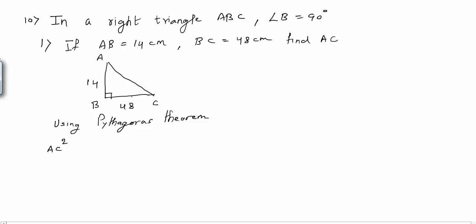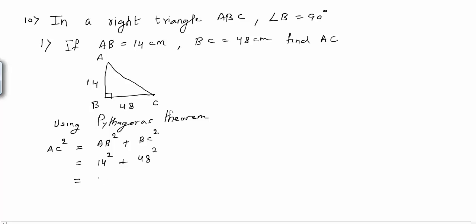These are the sides forming 90 degree, so the diagonal is going to be AC. AC square will be equal to AB square plus BC square. Now value of AB is 14, so this is 14 square plus value of BC is 48, so 48 square.